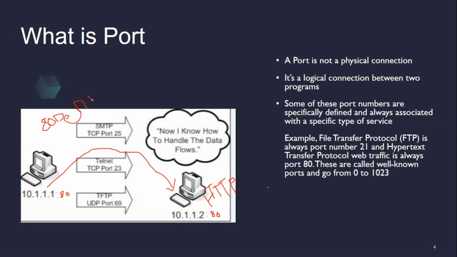If we make it deny, then whatever request we raise for HTTP, all traffic will be blocked, because the port number is 80. So instead of blocking HTTP by name, we can block the port number. If you block the port number, then obviously HTTP will be blocked.